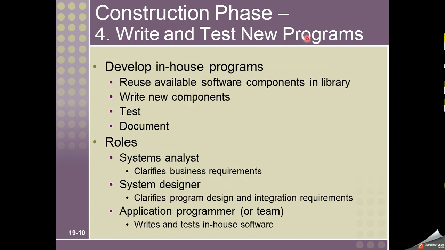Next, write and test new programs. Now this is about the in-house programs that will be developed in-house. We reuse any available software components in the library. Maybe we have an old system and some software components can be reused. We write new components, we test them, we document them. We have talked in detail about the components in chapter number 12, right?